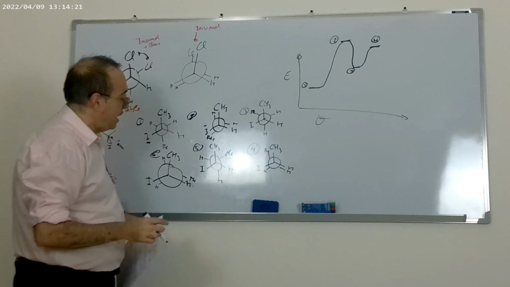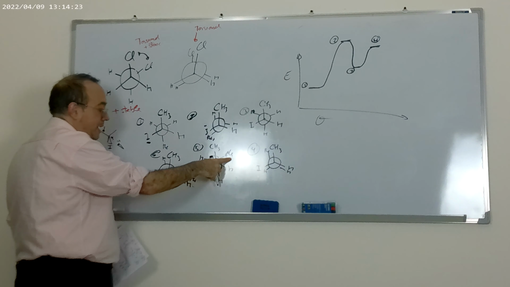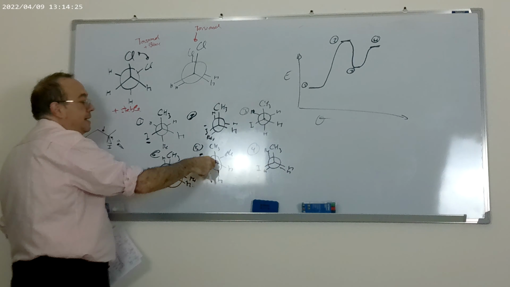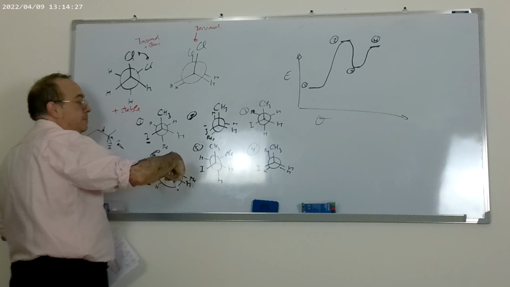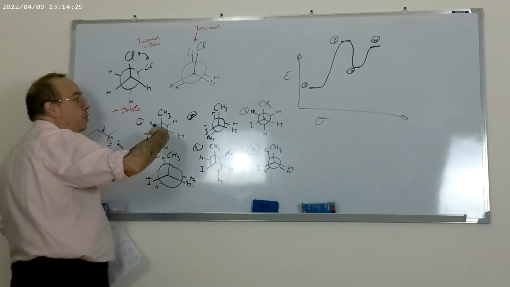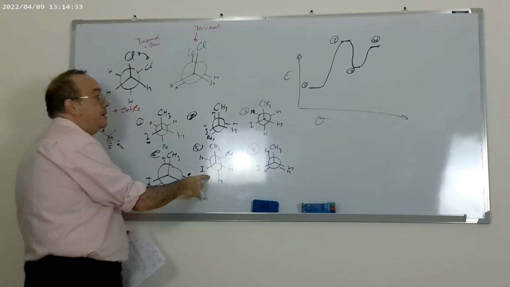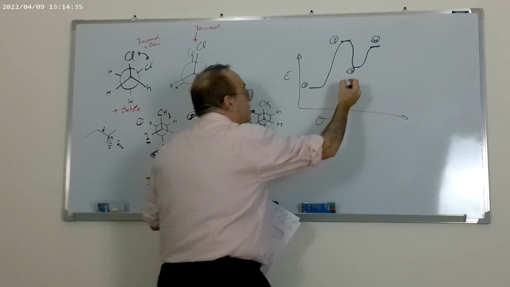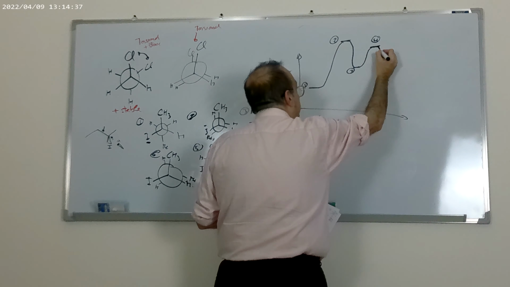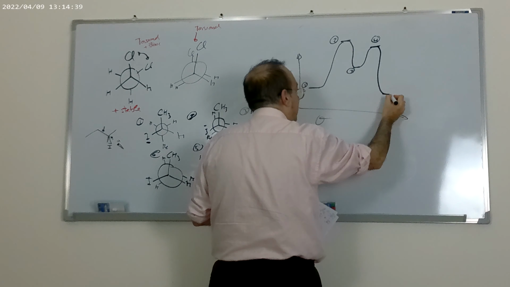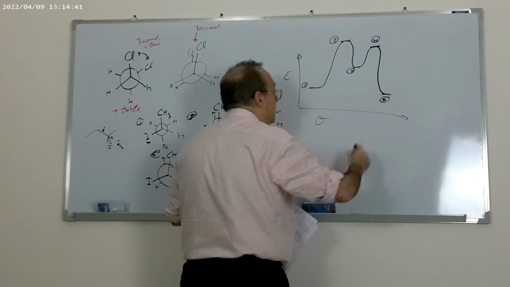Okay? Number 5, I have the methyl and the iodide in anti. The two big groups, the furthest away possible from one another. That means that this will be the minimum energy, the lowest energy. This will be 5.